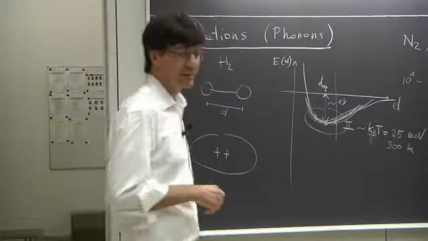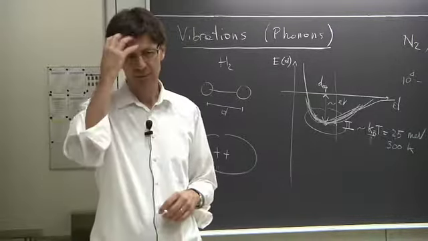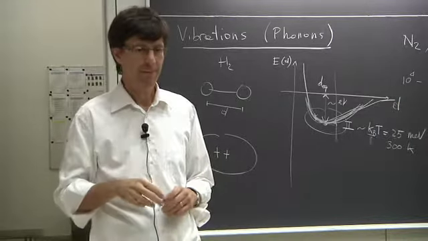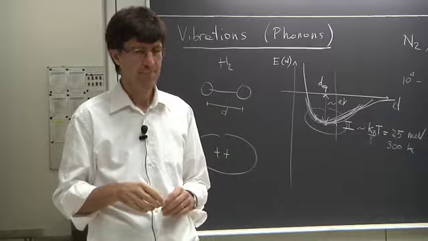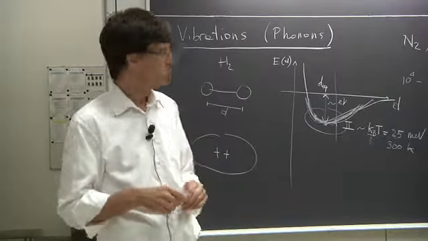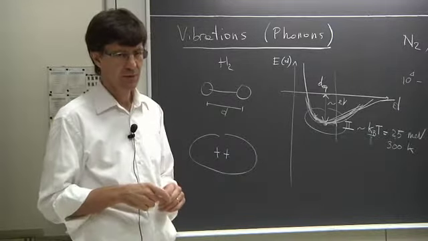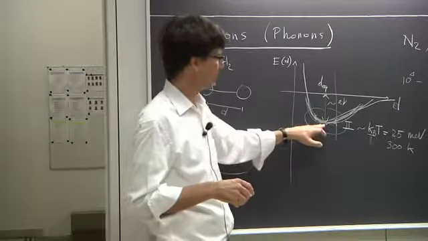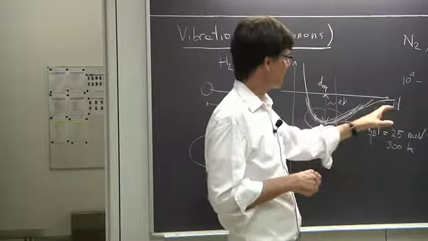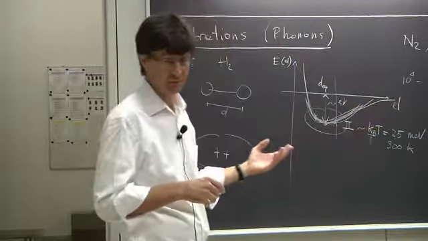Okay. Yes. Can we infer from this picture a high temperature? Because this picture is for low temperature, like room temperature. Can we use the same picture? Sure. The question is if you can use the same picture at high temperature. This energy versus distance is independent of temperature.